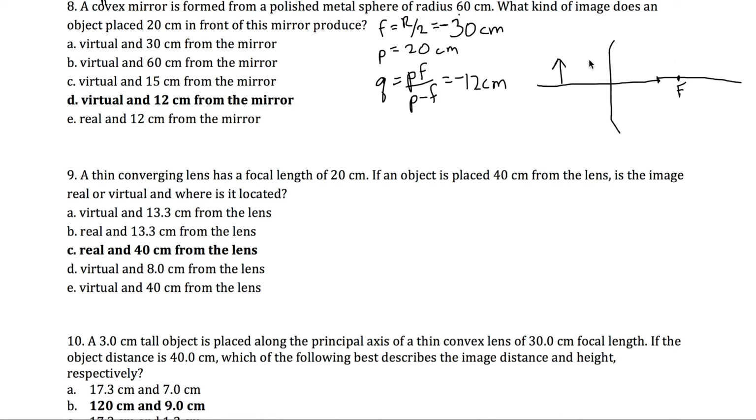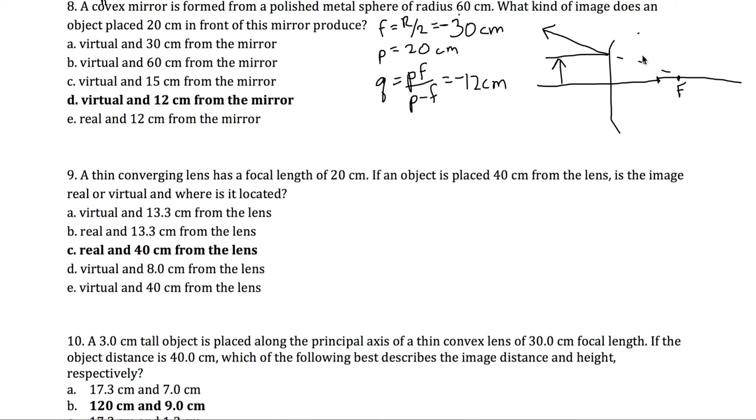So we're going to have a ray that comes in parallel. It can't go through the focal point, but it's going to reflect along a line as though it is reflecting from that focal point.